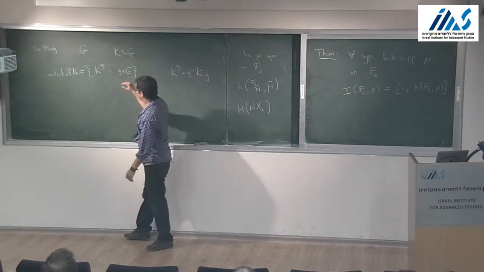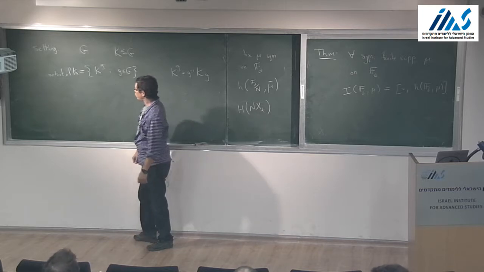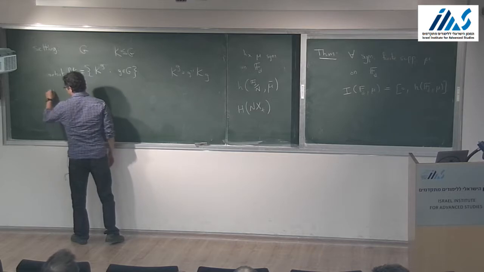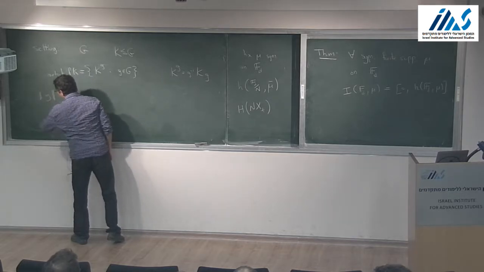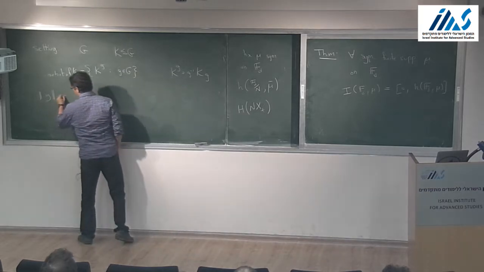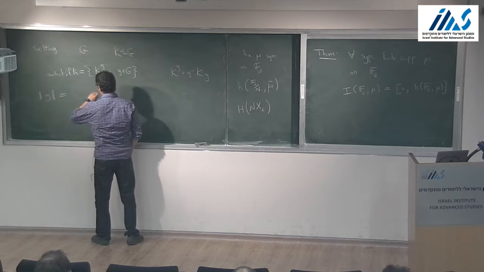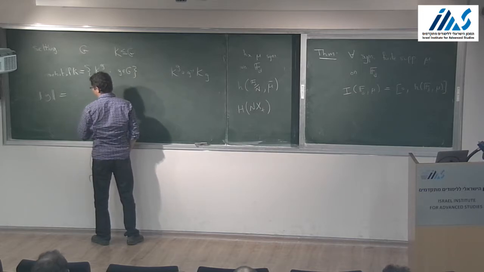Okay? But suppose you put the counting measure on this set, and what you want to do is define a norm for elements in the group. So I'm going to define this to be, I use the counting measure, right?